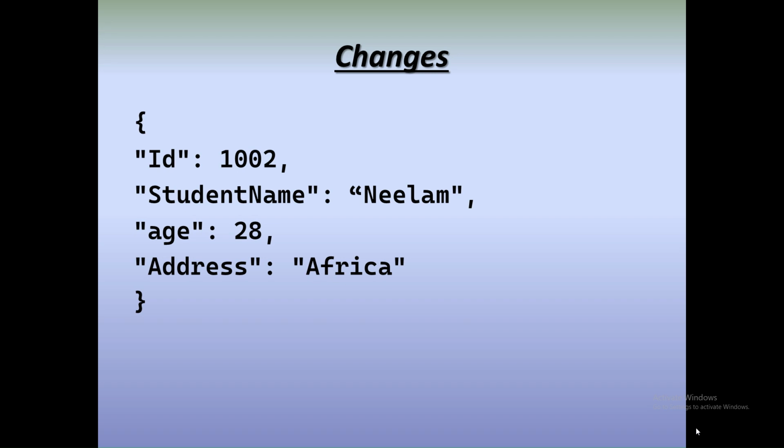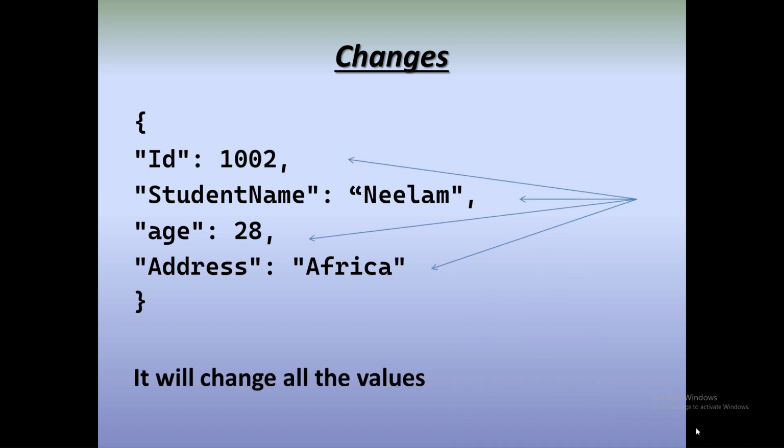HTTP put is going to change the name to Neelam, and also it will update the other column values depending upon our query, so it's going to update all of them. This is what happens in HTTP put. We use the update query or the update statement in case of HTTP put.